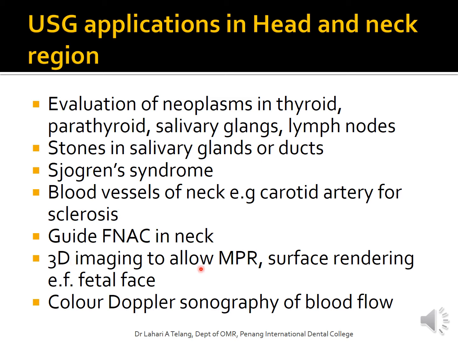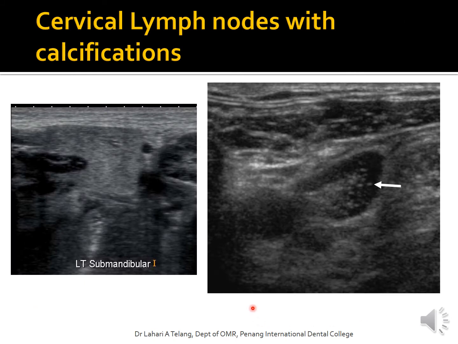3D imaging allows multiplanar reformatted imaging and surface rendering, for example if you're looking at the fetal face, and color Doppler sonography is used for evaluating the blood flow. This is specially used if you're looking at an AV malformation, arteriovenous malformation. This is an example of how lymph nodes with calcifications look like on ultrasonography.